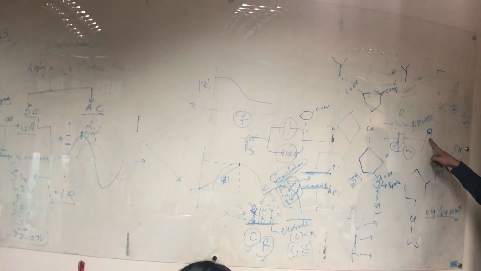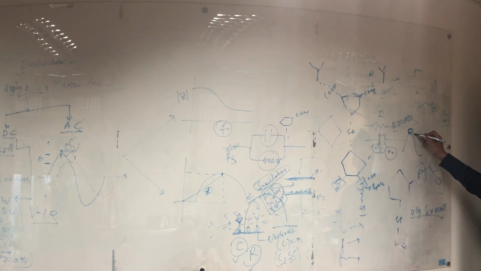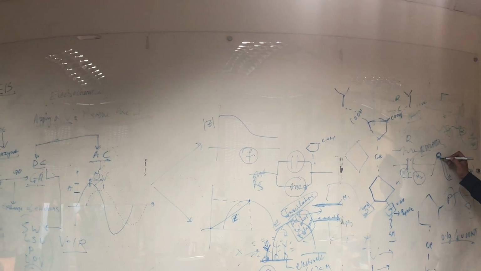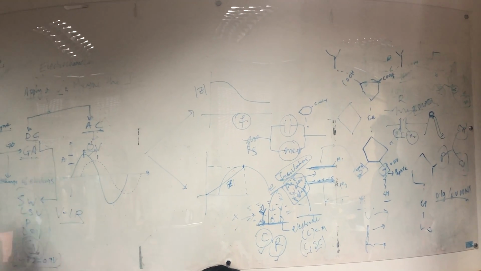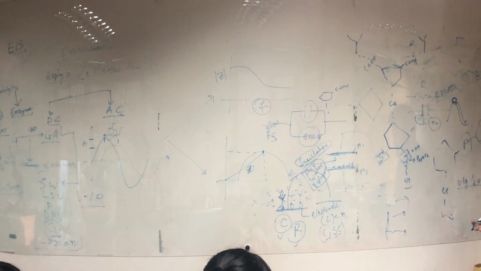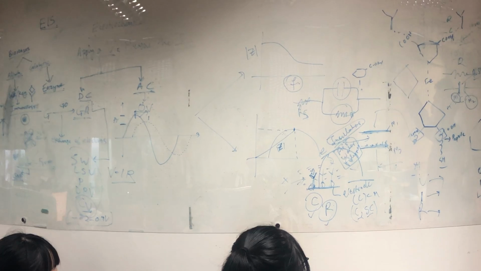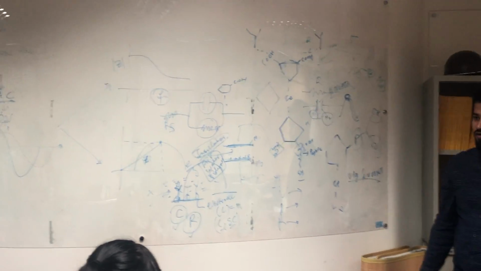Let's say this is a mountain, and on the top of the mountain there is water. Will the water flow down? If the water is allowed to flow down, will the water flow down? Yes or no?